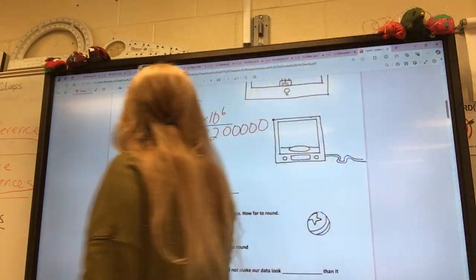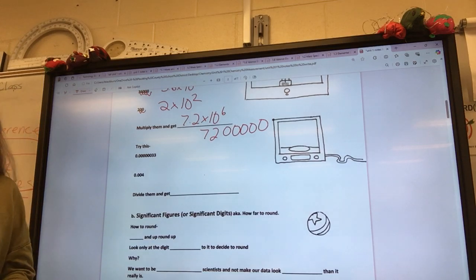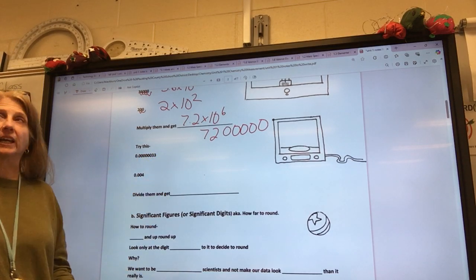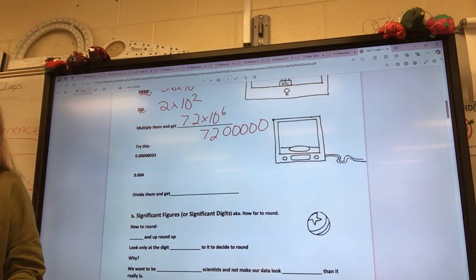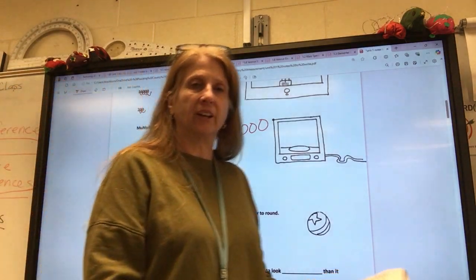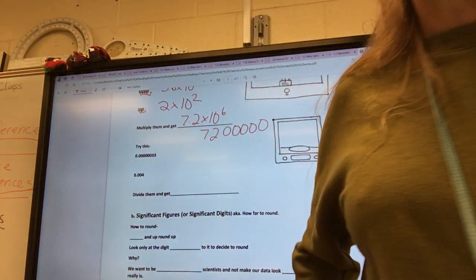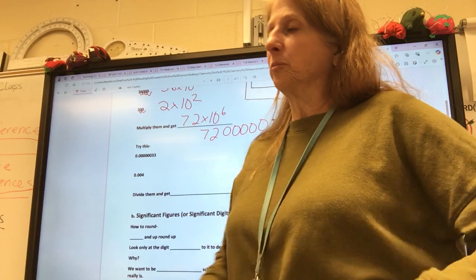Okay. So this one, try to put that one into scientific notation by yourself, just writing it. See if you can do the frog hopping by yourself, and if you can put that in scientific notation. See if you can do it.